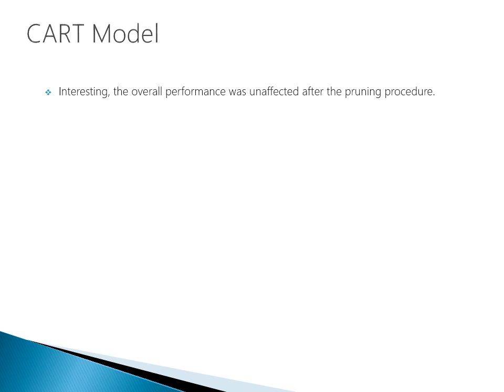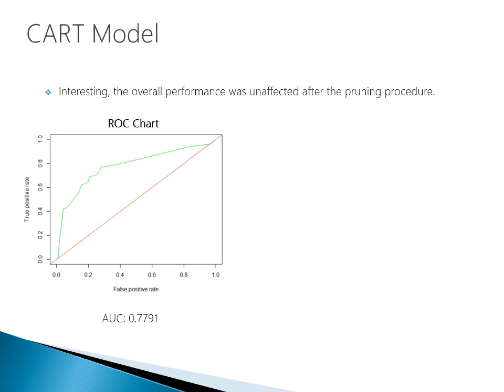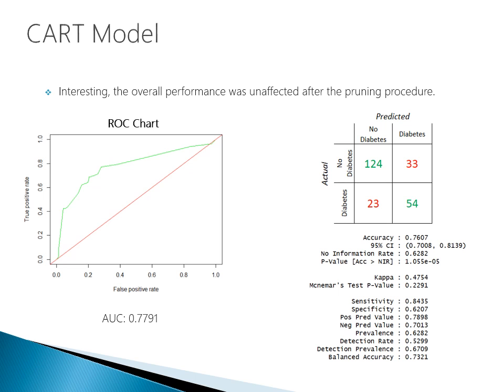Interestingly, the overall performance was unaffected after the pruning procedure was performed. When we look at the ROC chart, it's exactly the same, 0.7791. Now, I've created a confusion matrix here that shows the observations, and we can look at some of the other metrics, such as sensitivity, specificity, the overall predictive accuracy, to get a better sense of the performance characteristics.